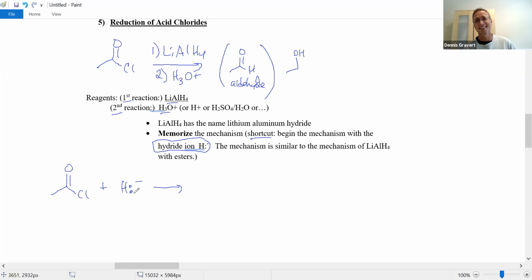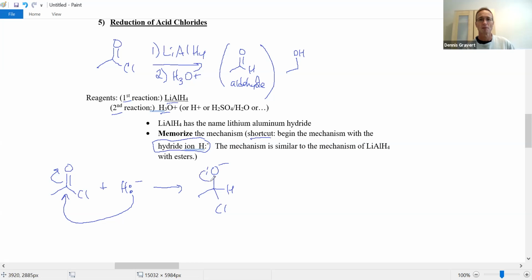Given that, here it is: lone pair of the hydride, go bump up the pi bond. Again, this is a powerful reaction. Hydride is a very reactive nucleophile, a strong base in its own right. Acid chloride, very reactive molecule. Negative charged oxygen, we have the chlorine, and we have a hydrogen.